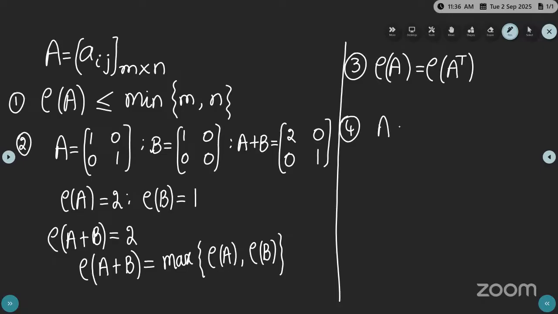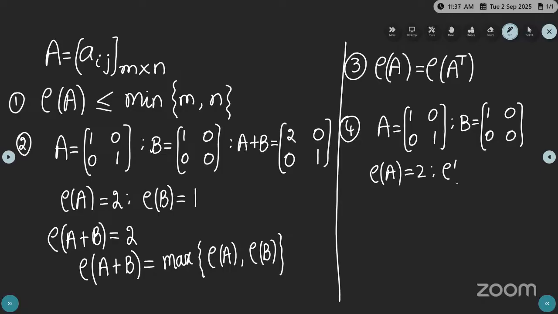If A equals 1 0 0 1 and B equals 1 0 0 0, the rank of A is already 2, as you said. The rank of B is already 1. What is AB? AB equals 1 0 0 0. What is the rank of AB? 1.